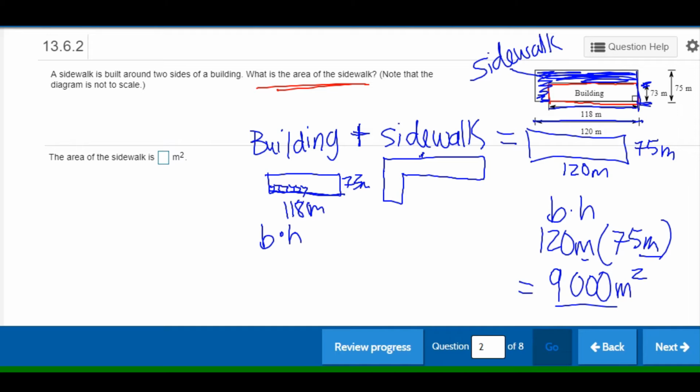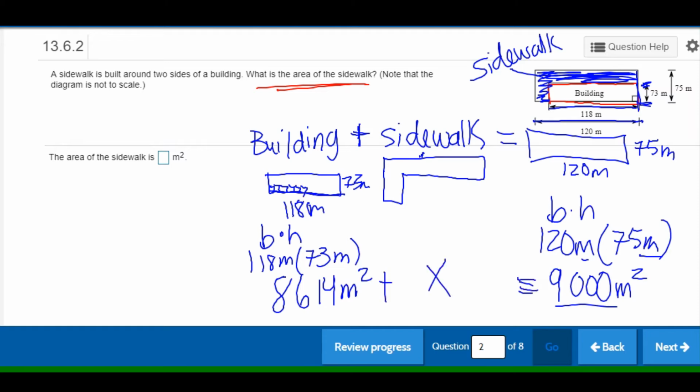So if we substitute 118 meters for the base and 73 meters for the height, we have to multiply 118 times 73, and we end up with 8,614 meters squared. And then the building plus the sidewalk is equivalent to the area of the larger rectangle, so we can find the area of the sidewalk by subtracting, by getting the variable on one side of the equal sign by itself.